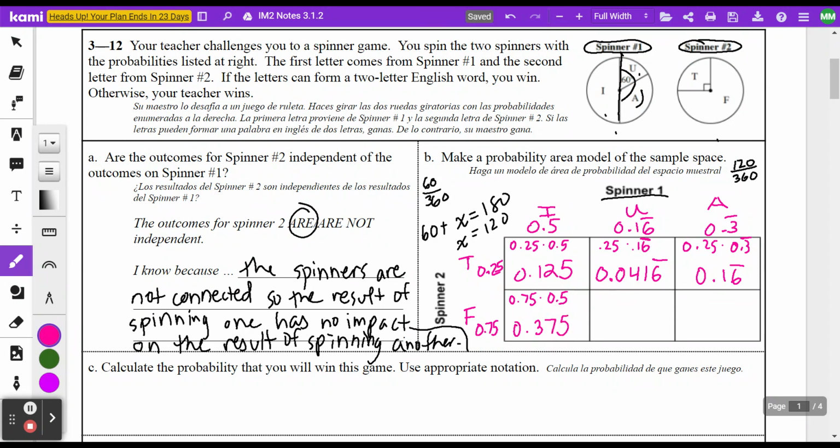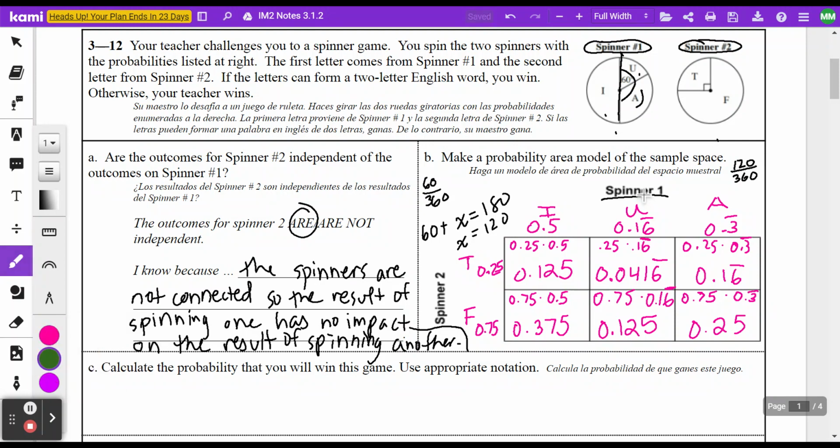And here I have 0.75 times 0.16 repeating, which gives me 0.125. And here I have 0.75 times 0.3 repeating, and that is 0.25.